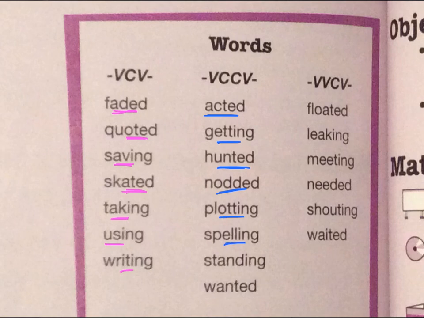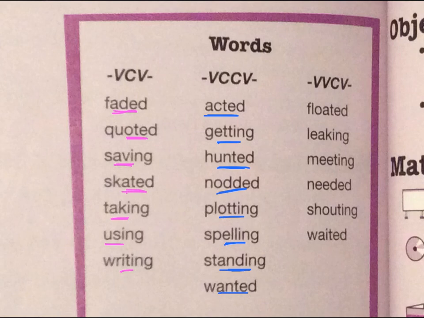Spelling, ELLI. Standing, ANDI. And wanted, ANTE. So these words all go in the middle column because they follow the vowel, consonant, consonant, vowel pattern, and most of them have that double consonant that we were looking at before.